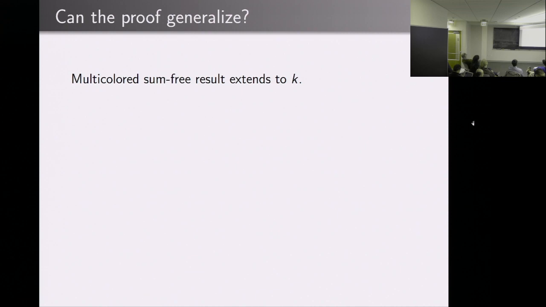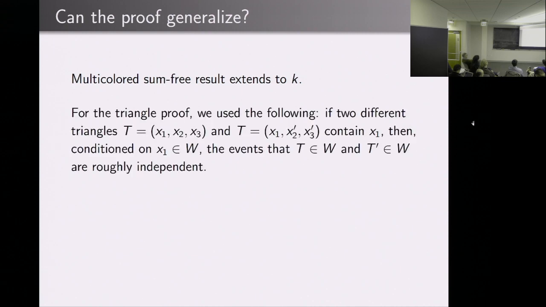That's also fine. However, in the subspace sampling argument, we get into a problem. Recall that if we have two triangles that intersect in the point x1, then once you know that x1 is in W, it's independent whether these triangles are in W.